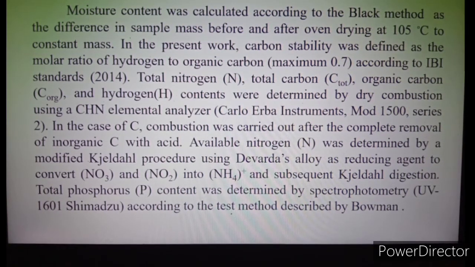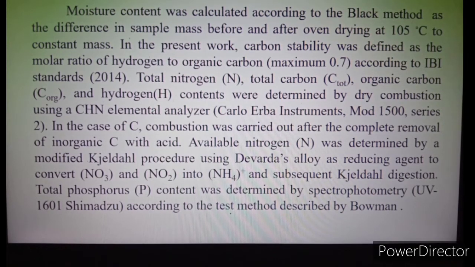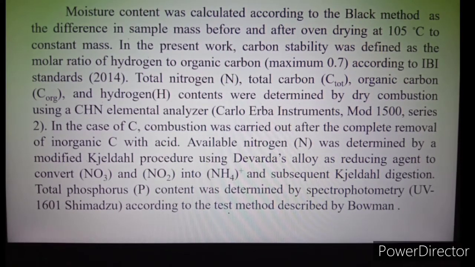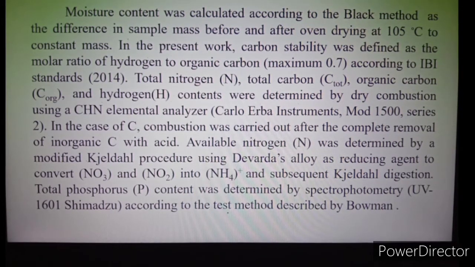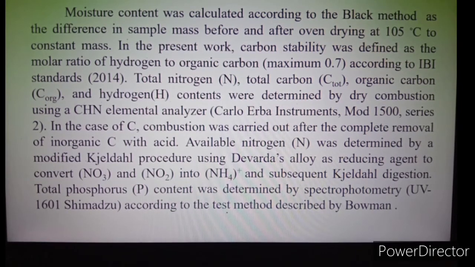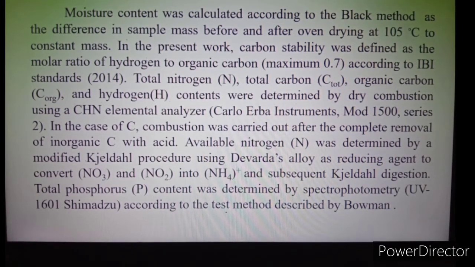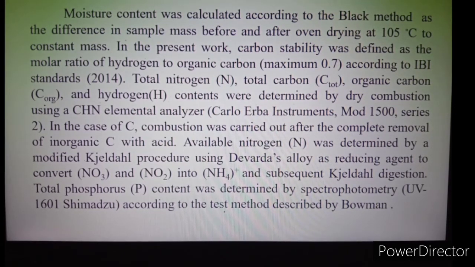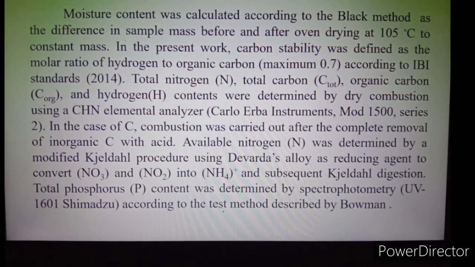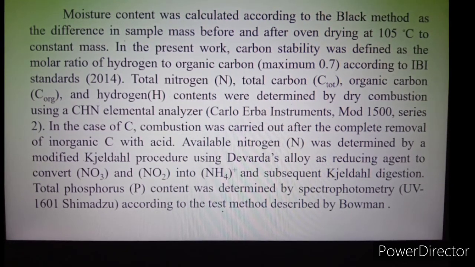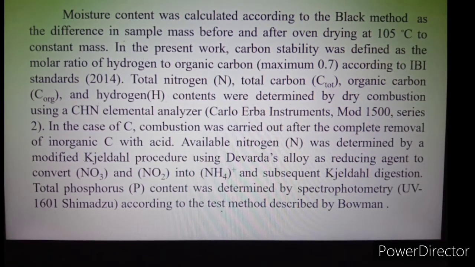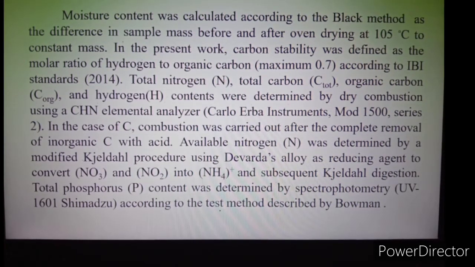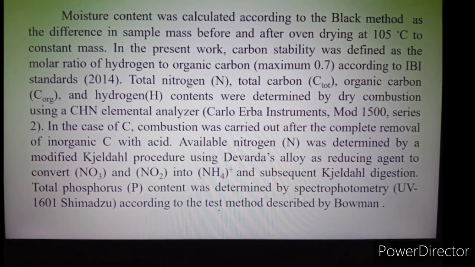In the present work, carbon stability was defined as the molar ratio of hydrogen to organic carbon, which has a maximum of 0.7 according to IBI standards of 2014. Total nitrogen, total carbon, organic carbon, and hydrogen contents were determined by dry combustion using a CHN elemental analyzer, Carlo-Erba instrument model 1500 series 2.